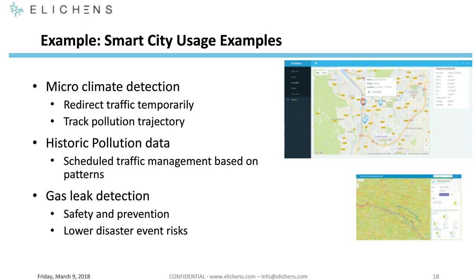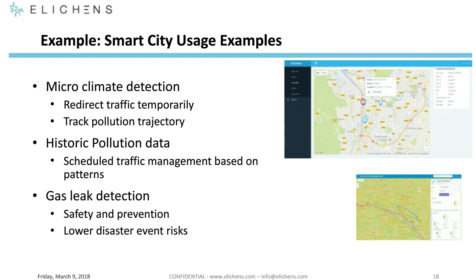Gas leak detection is more self-explanatory: definitely safety and prevention, and being able to detect high-risk events that can happen and lower disaster risks. Not limited to that, there are more and more applications that people are getting creative and coming up with by taking advantage of the data available from pollution and air quality stations and also gas leak detection.